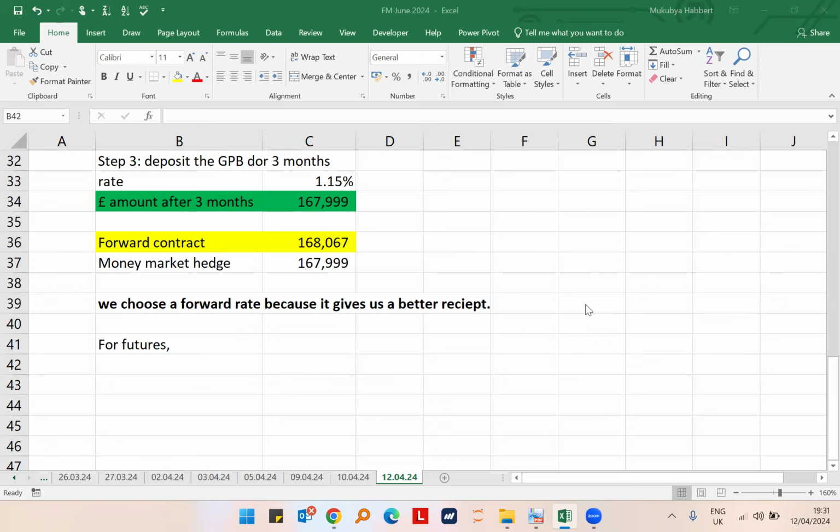Okay, so now for the futures, of course, the first thing that you need to do is to define them.